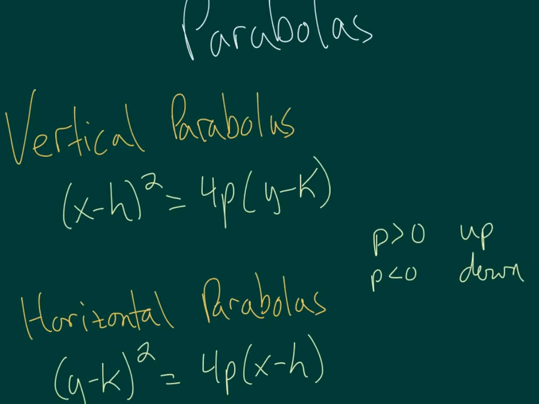Remember that when we solve for p, if it ends up being a positive number, greater than 0, your parabola will open up. When you get something less than 0 for p, a negative number, it's going to open down. Also, a quick note: our vertex is h, k, the opposite of h and the opposite of k, when we have it in this form.